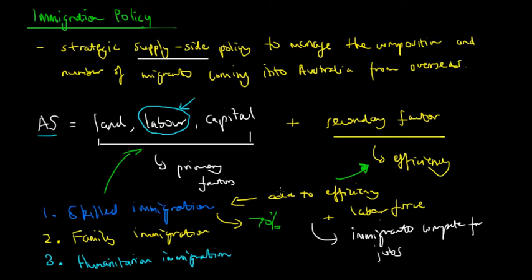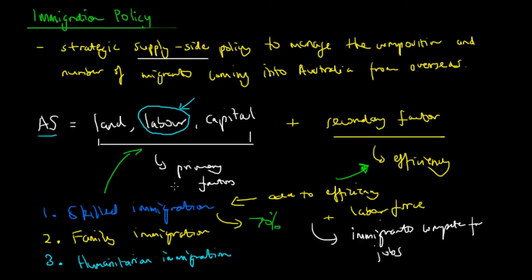So the argument there is that since economics is about maximizing living standards of our peoples, Australians, although these skilled migrants, when they move over, they become Australian citizens or they become temporary residents, they don't actually add to domestic living standards. And by that I mean that they compete for jobs with those already living in Australia.